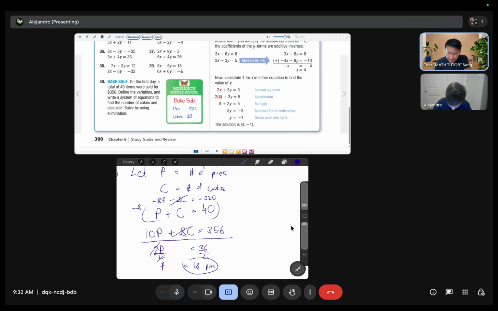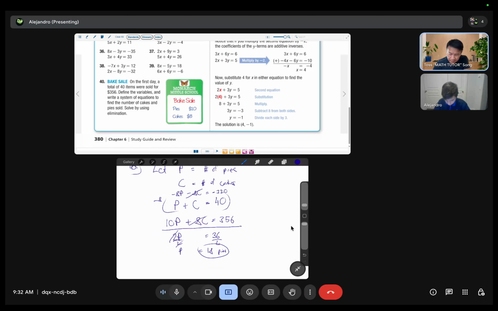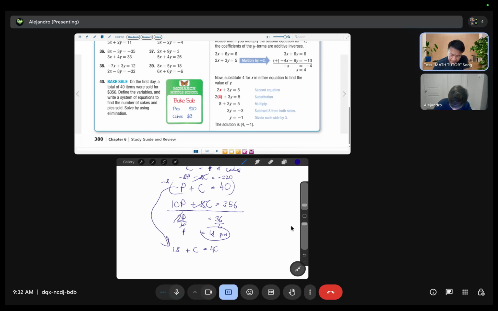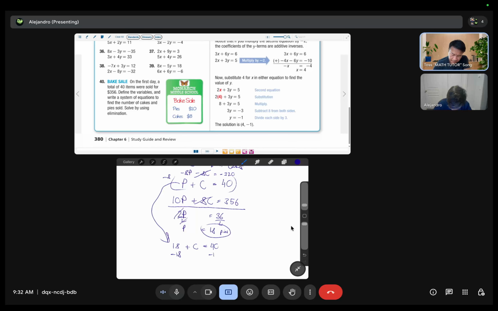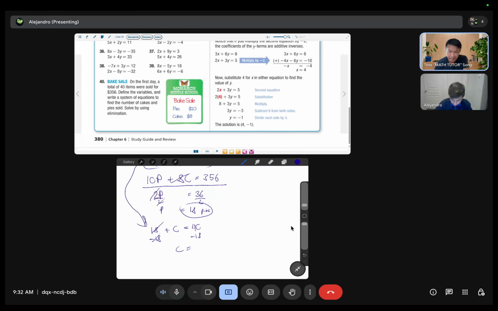And then plug 18 back into the original. I would use the first equation. So it'll be 18 plus C equals 40. Subtract both sides by 18. I have great confidence that you can interpret the word problems, because you proved that to me last time on that worksheet.